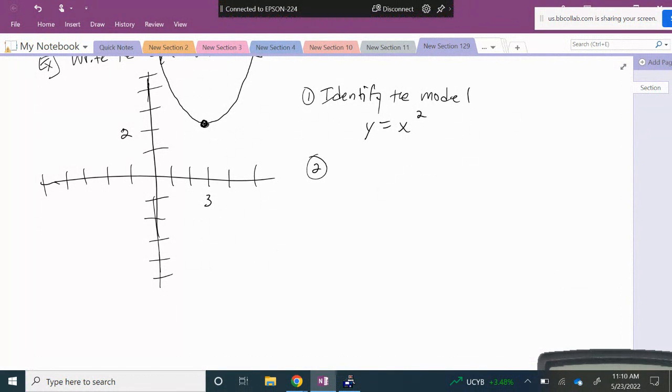So now let's look at the up or the down shift. All right, so identify the vertical shift. So now vertical shift can either be up or down, right? So if this graph starts here, right, in its most basic form, from its original position, it was shifted up 2 units, right?